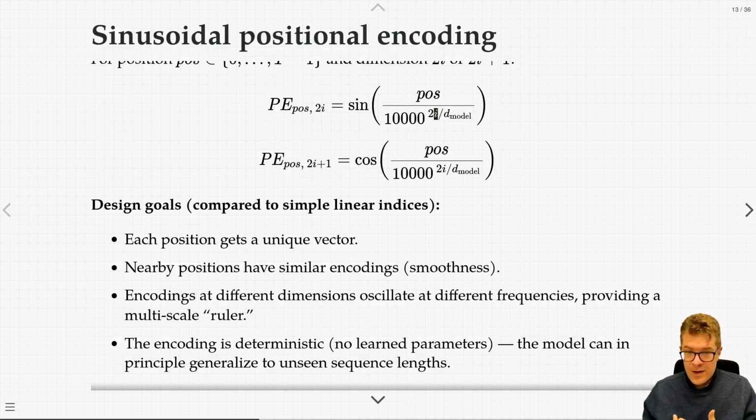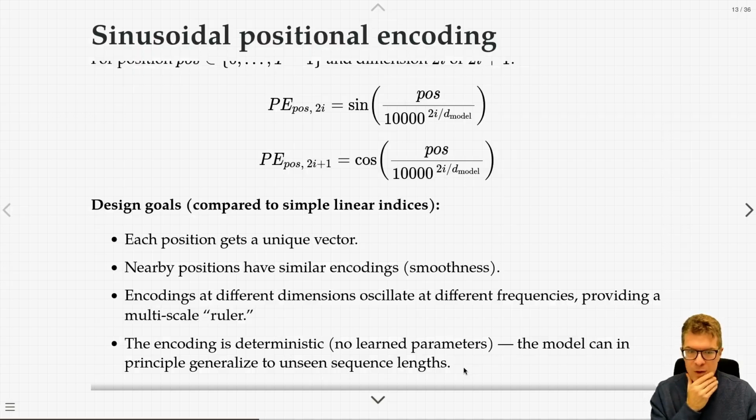And the encoding is deterministic, so we're not going to have to learn anything about the positions. There are learned forms of position encodings, which I'll mention briefly later, but this one is deterministic and very easy to obtain. This also helps us to generalize to unseen sequence lengths.